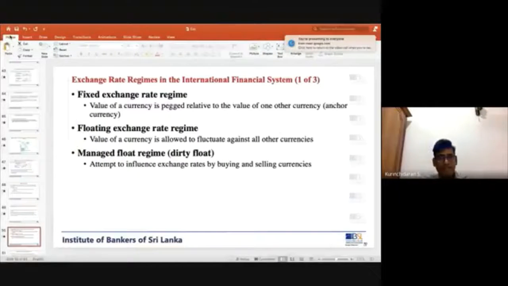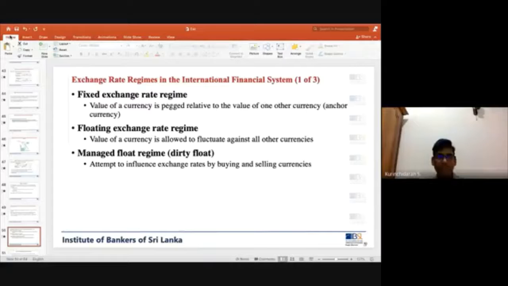That means you are going to fix your exchange rate with another currency. You can fix it saying, okay, $1 is equal to 150 rupees. You fixed it, that means pegged. Whatever the instances, you are going to keep that rate without any fluctuation. That is a fixed exchange rate.